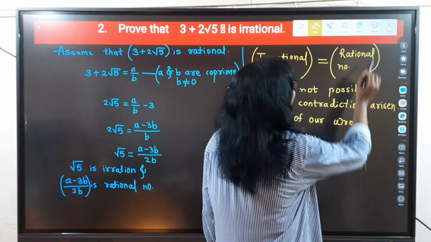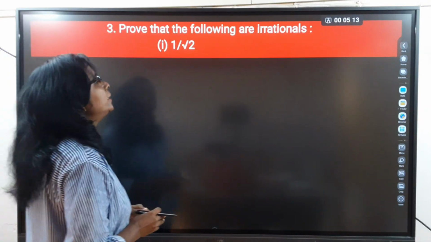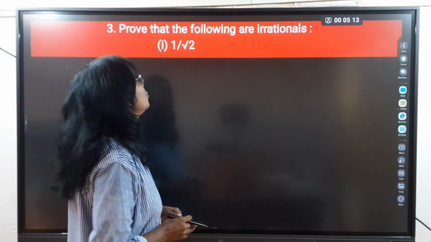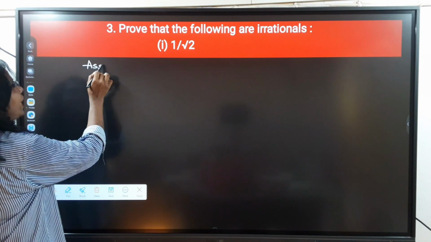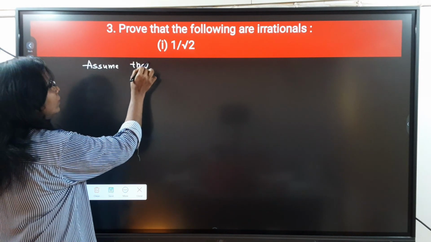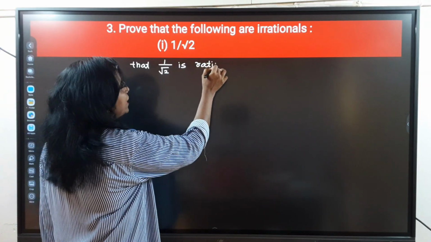So now students, let us see the next example. The next example is: prove that the following are irrationals. The first one is 1 upon root 2. So we say assume that 1 upon root 2 is rational.